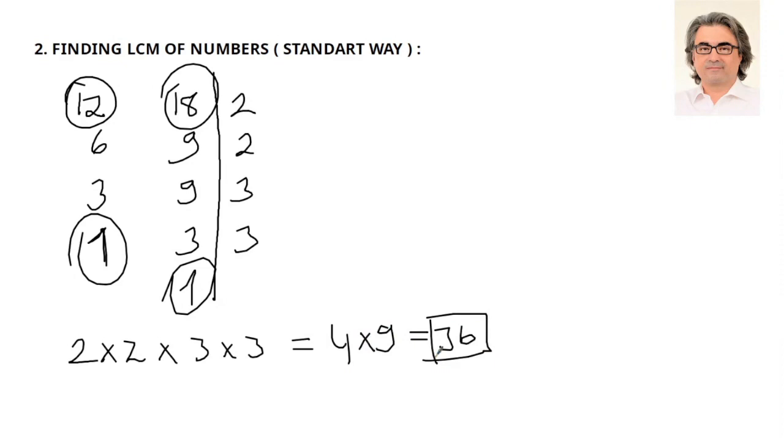Now 36 is a number which is divisible with 12 and 18 at the same time, and the smallest number having this property. So 36 is the least common multiple of 12 and 18.